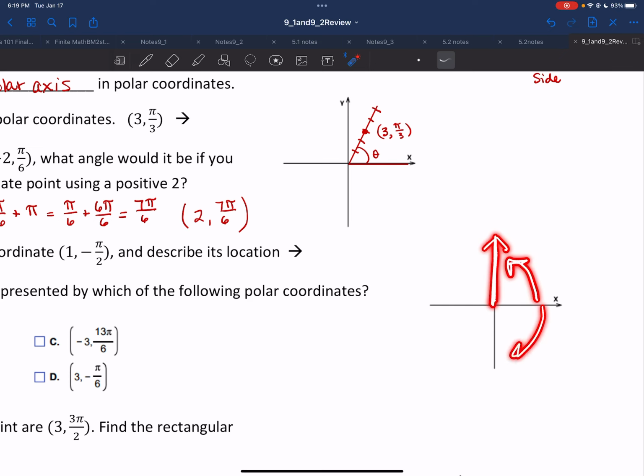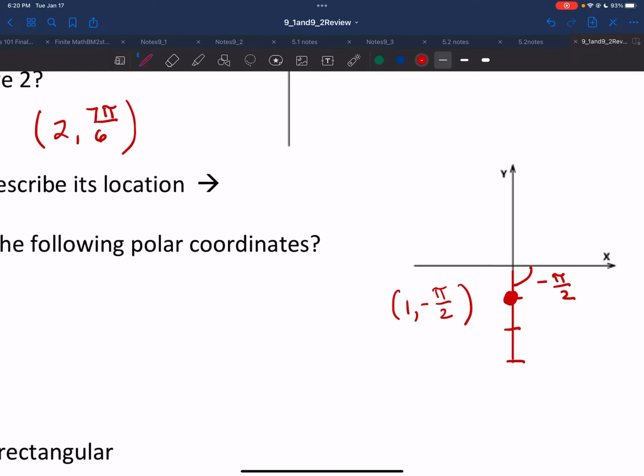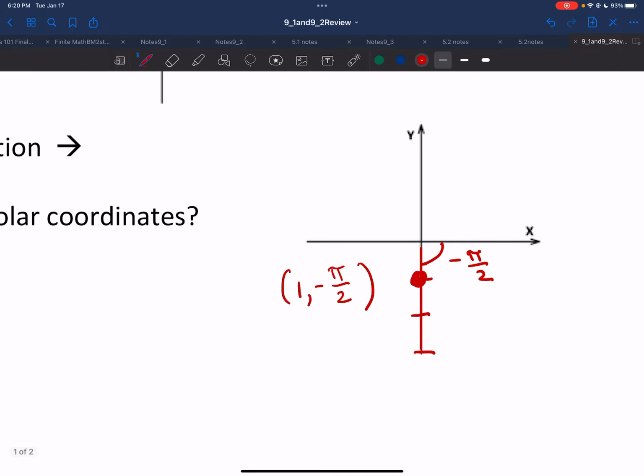I'm going negative, so my axis is actually going to be here. So I'm going to graph my terminal side, and I've got to put my number line down, and it wants to be 1, right? Because this angle is negative π/2. So that dot is (1, -π/2). Okay, so hopefully that makes sense for you.